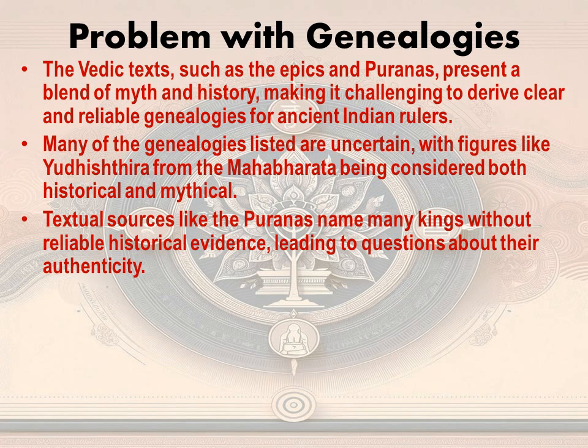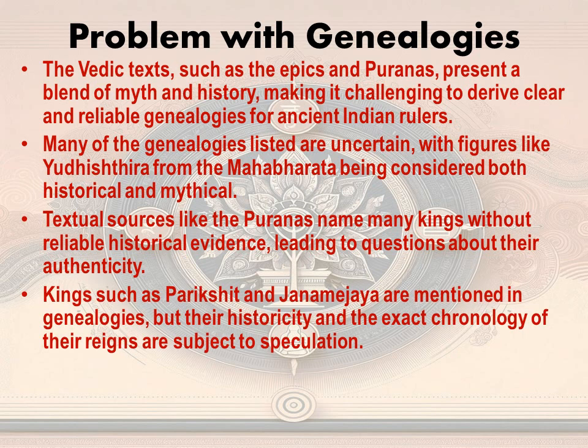Textual sources like Puranas name many kings without reliable historical evidence, leading to questions about their authenticity. So there are names of many kings, but there is no reliable historical evidence to corroborate their existence with any other kind of historical sources.